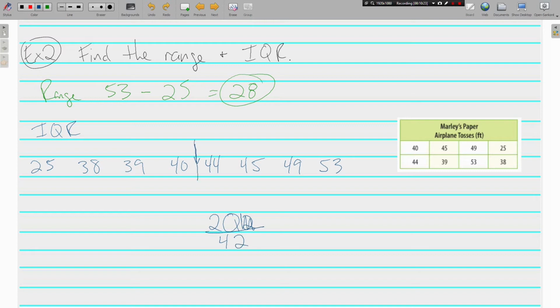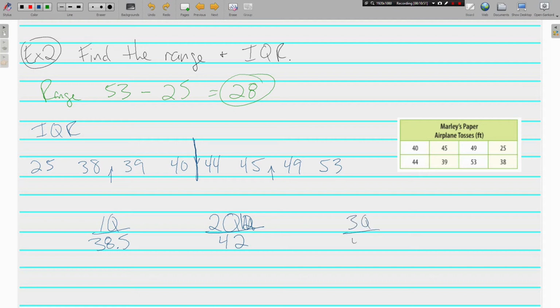Okay? That number splits us into a lower half and upper half. So the median of the lower half would go right here. Our first quartile is 38.5, right in between 38 and 39. And our third quartile, what's right in between 45 and 49?